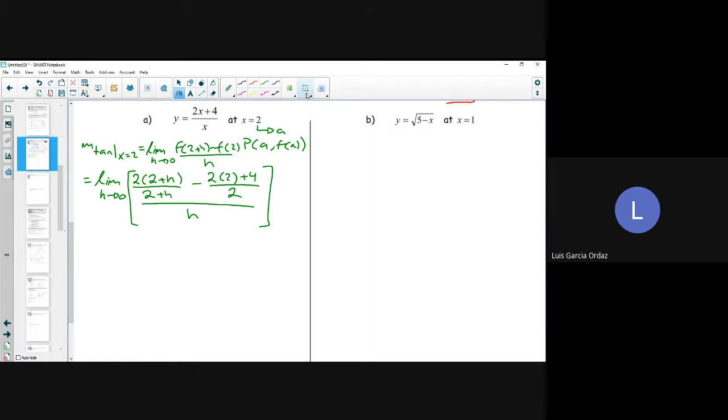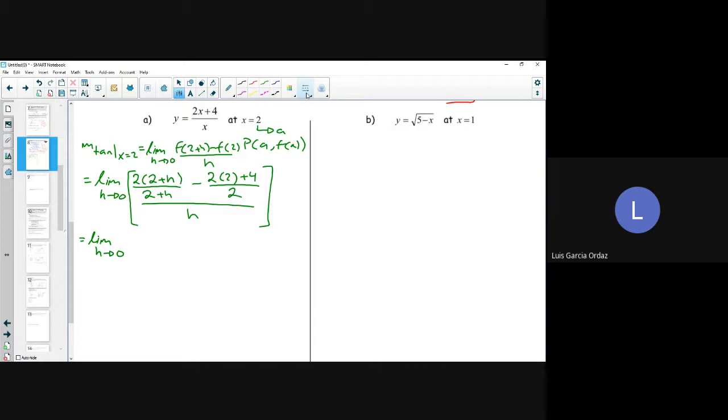So now I'm going to simplify and try to expand as much as possible so that I remain with a simple algebraic expression to work with. So I'm going to get the limit as h approaches 0. So I need to simplify my 2 plus h.